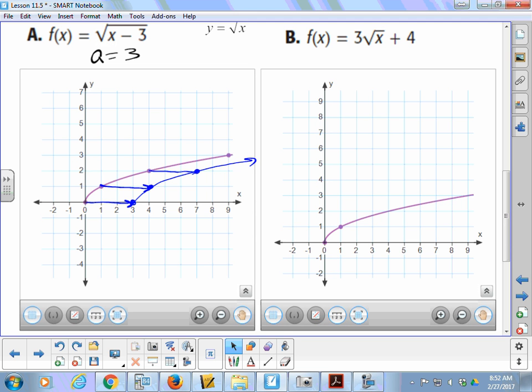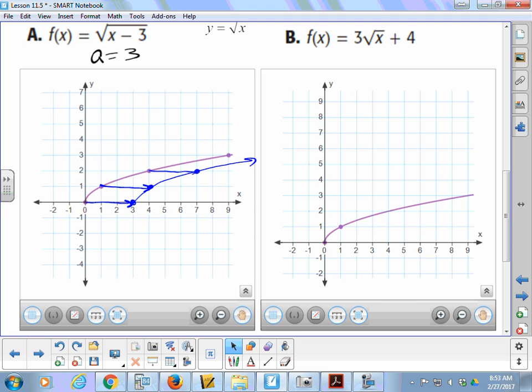So if I'm going to graph this then, I'm going to use my favorite numbers, which are going to be 0 for x, 1 for x, 4 for x, and 9 for x. Because those are ones where I have perfect squares, square root.